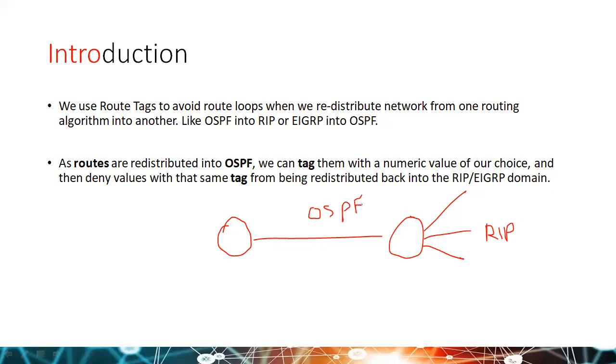We often have to redistribute RIP routes into OSPF and OSPF routes into RIP, and we can land up in a situation where this redistribution causes a routing loop. In this session, we will explain how we can end up in a routing loop situation and how we can overcome it.